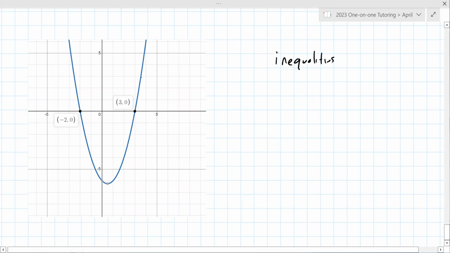So let's just consider this graph as y. Where is y less than or equal to 0? To help here, I'm asking where it's below the x-axis. When you look at this graph, where do you see it below the x-axis?